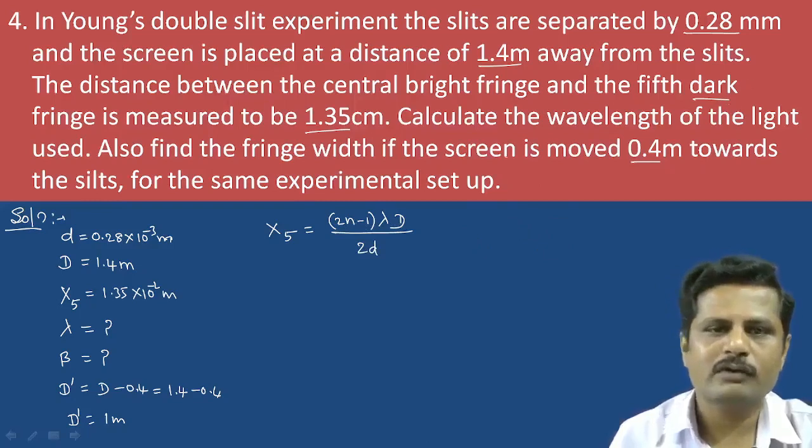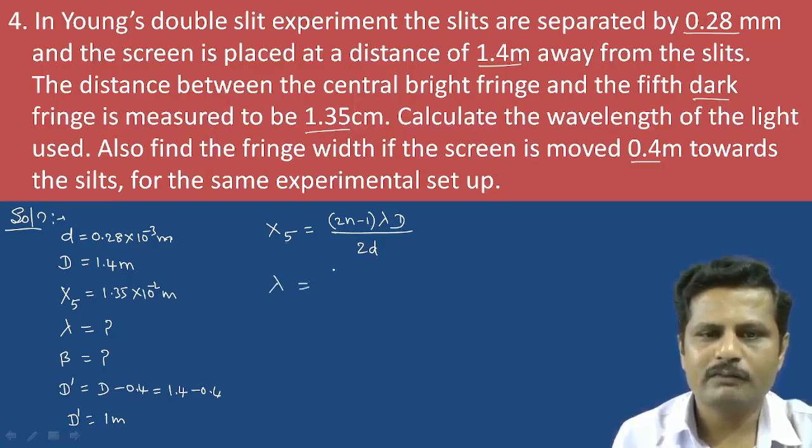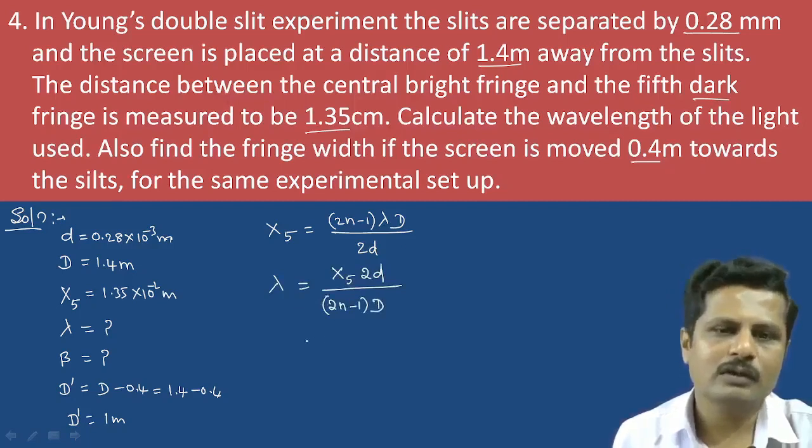Because here we have a dark fringe, now take lambda as the subject of the formula. So lambda is equal to x5, that is distance of the fifth dark fringe from the central fringe, into 2d divided by 2n minus 1 into D. Now substitute the values. So if I substitute the given values, then we will get the lambda.